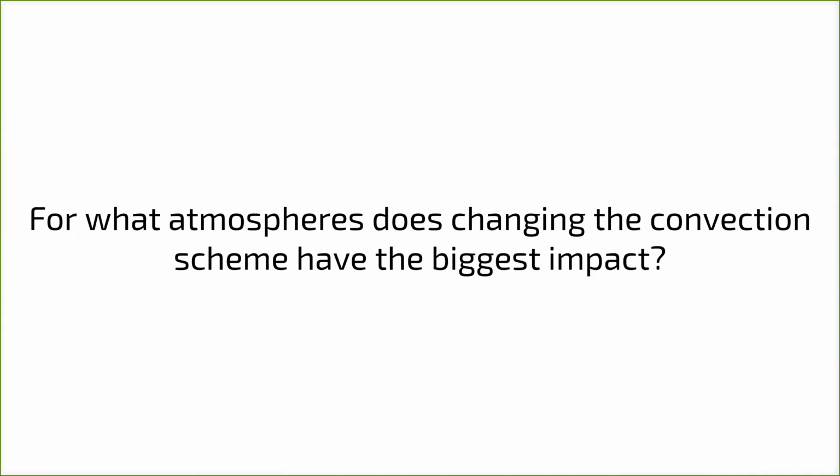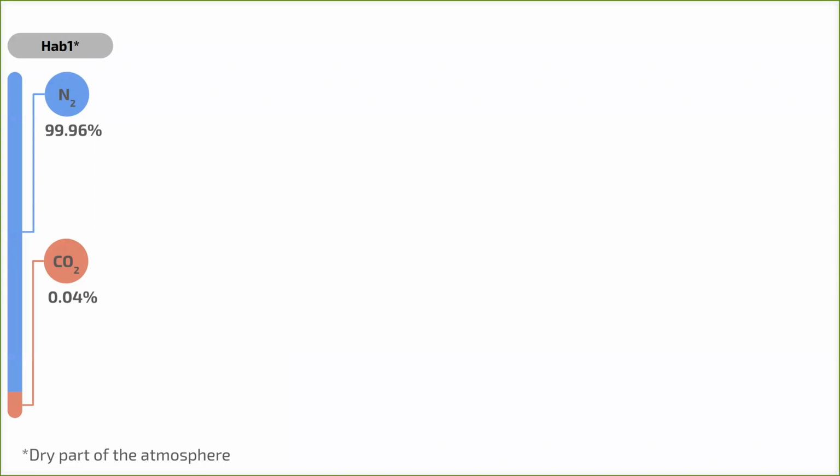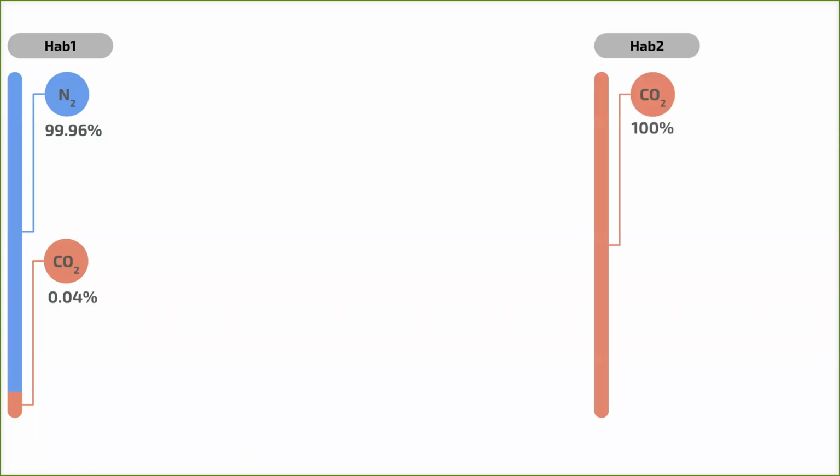So the next question that I'm going to ask is, for what atmospheres, and specifically for what atmospheric composition, does changing the convection scheme have the biggest impact? For now, I've been using the Hab1 configuration, which is a nitrogen-dominated atmosphere with 400 ppm CO2. And you also know that in the TIE protocol there's Hab2, the CO2-dominated atmosphere.